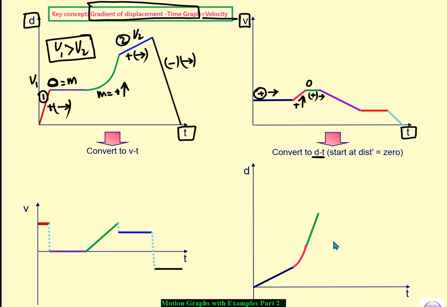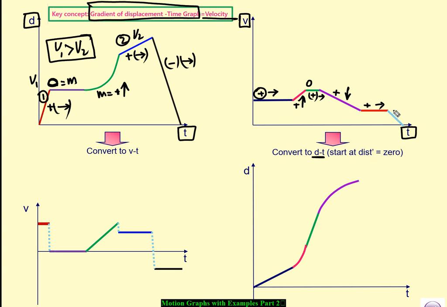So this is here. Now next one, what is happening to velocity? The velocity is positive, but velocity is decreasing. So it means gradient has to be positive and decreasing on the displacement time graph. This is what is happening. Next one, as the velocity is constant and positive, it means gradient has to be constant and positive.